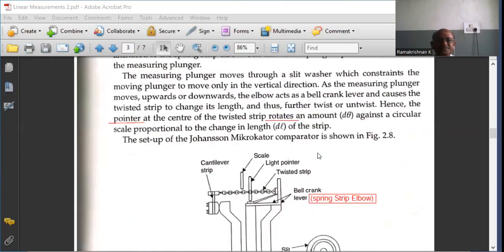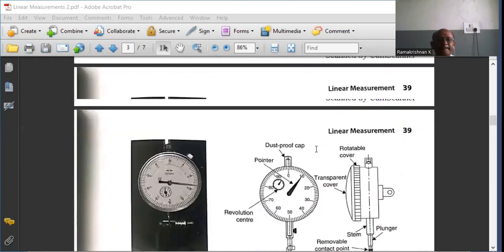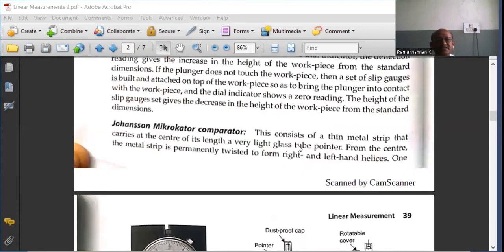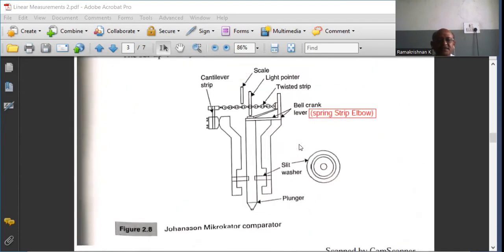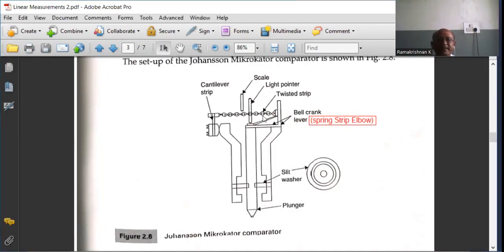Next, the Johansson Microcator comparator is also a mechanical comparator. Let us discuss its construction. The instrument mainly consists of a twisted metallic strip of particular length.